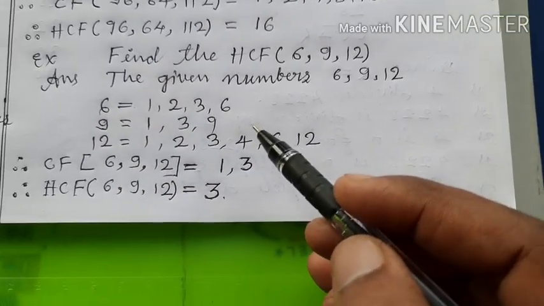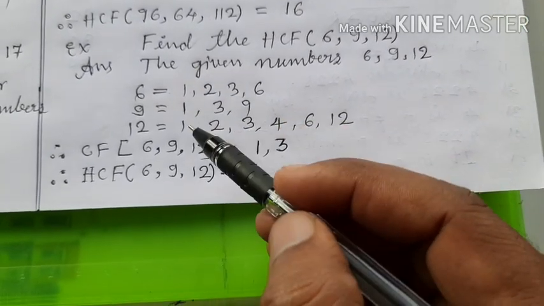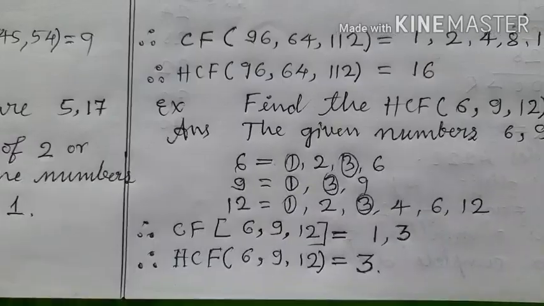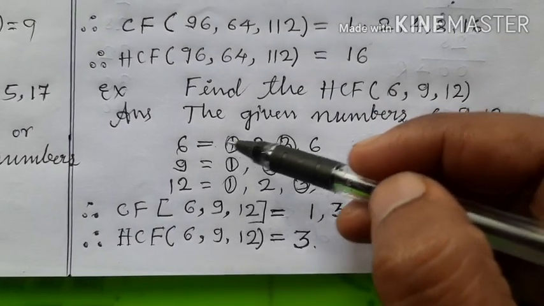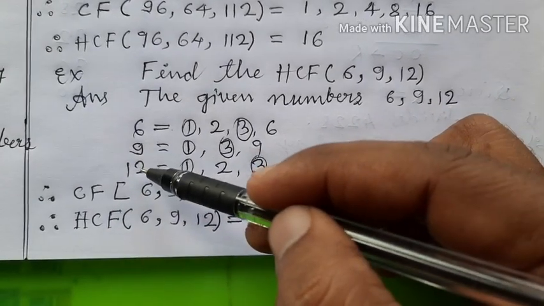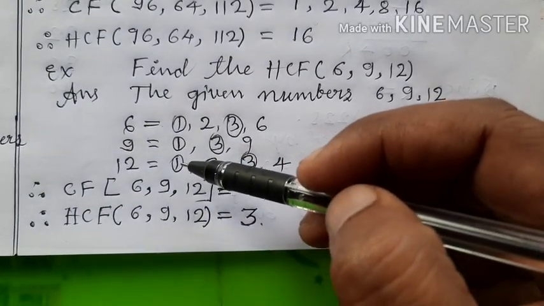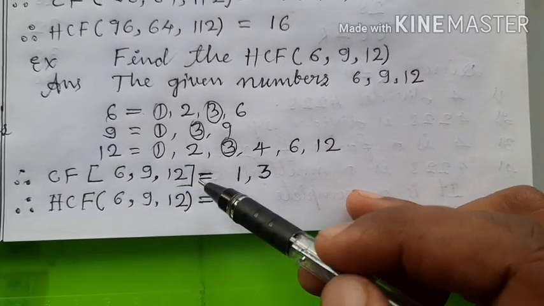Now, let us select the common factor of all the 3 numbers. See here, children. 1 is the factor of 6 also, 1 is factor of 9 also, 1 is factor of 12 also. That is why I have selected 1 as the common factor of 6, 9 and 12.